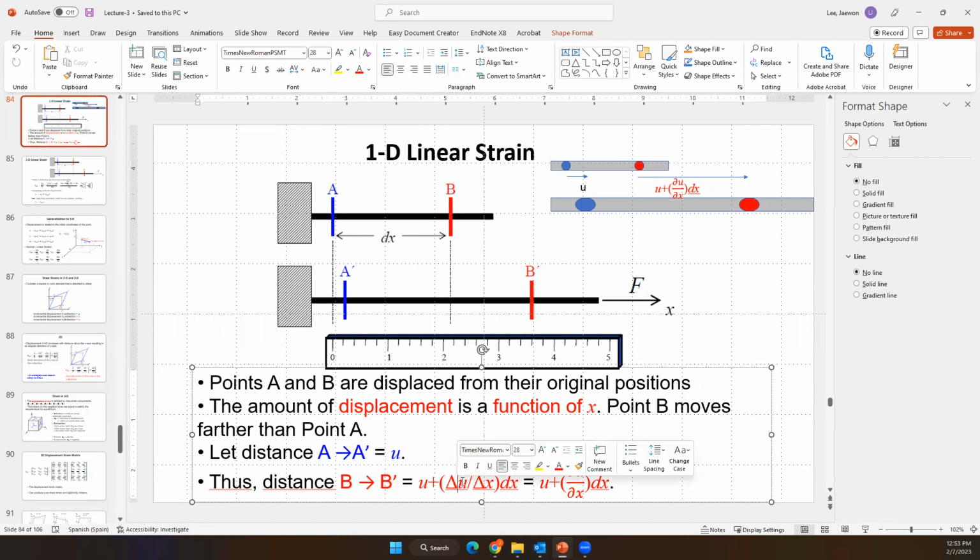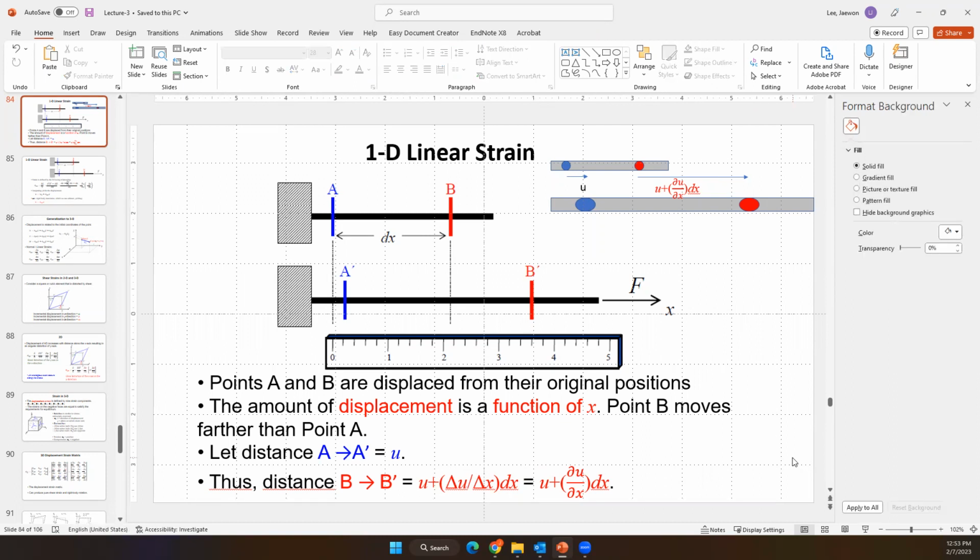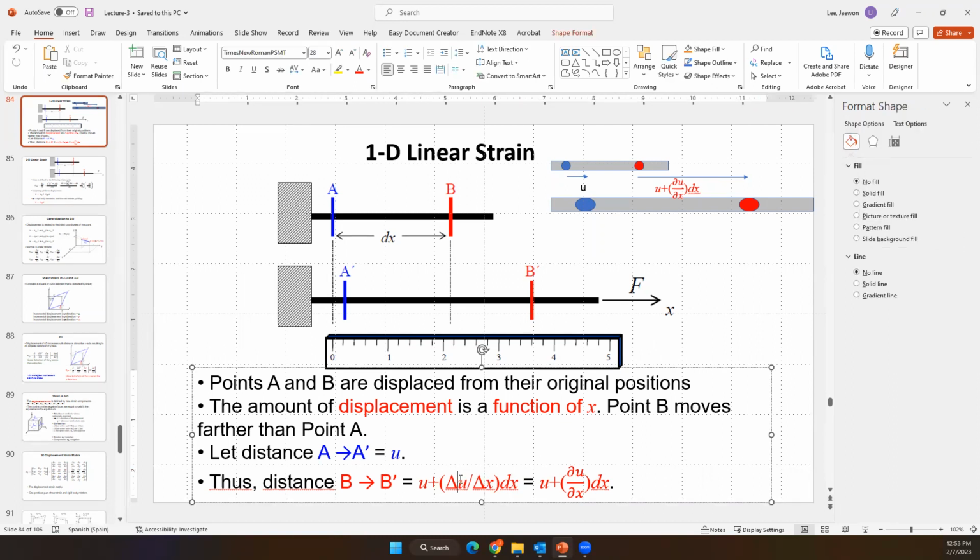It depends on your materials or your experiment. This is just a definition of how to make a relation. Delta U always changes according to the material type. In the case of metal or ceramic material, it's quite low, but in the case of rubber, it's extremely high.